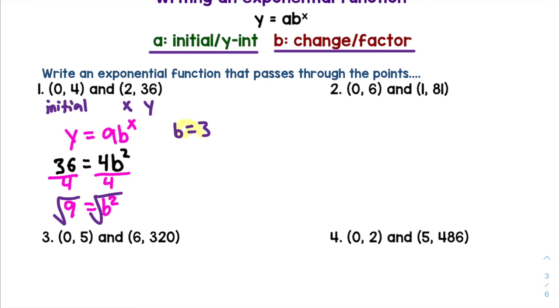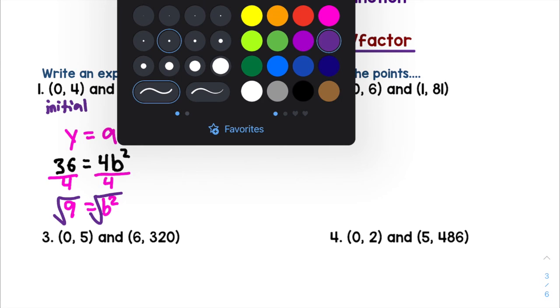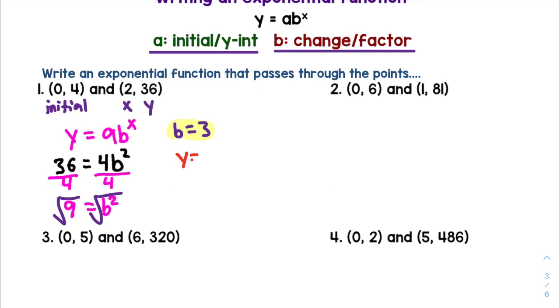Now that I know what the change or the exponential factor is, we could write our exponential function y equals our initial value of 4 times the change factor 3 to the x power. In this case, since our b value or our exponential factor is positive, this exponential function, if graphed, would be increasing at a very quick rate.